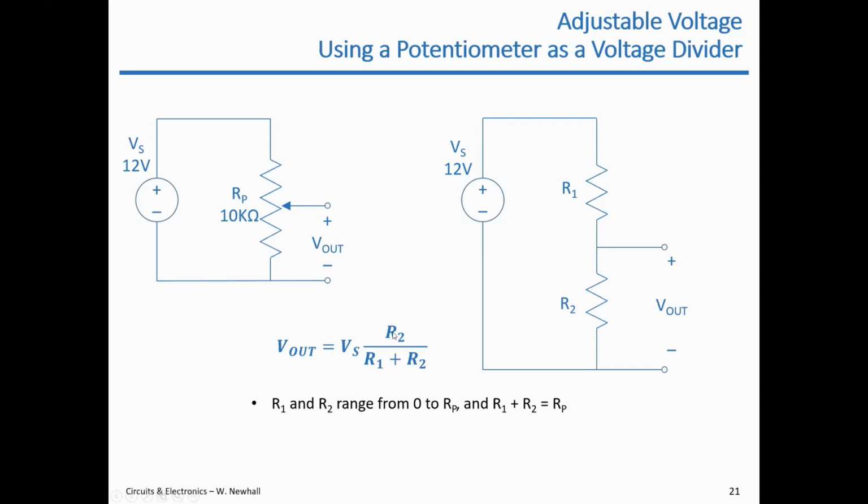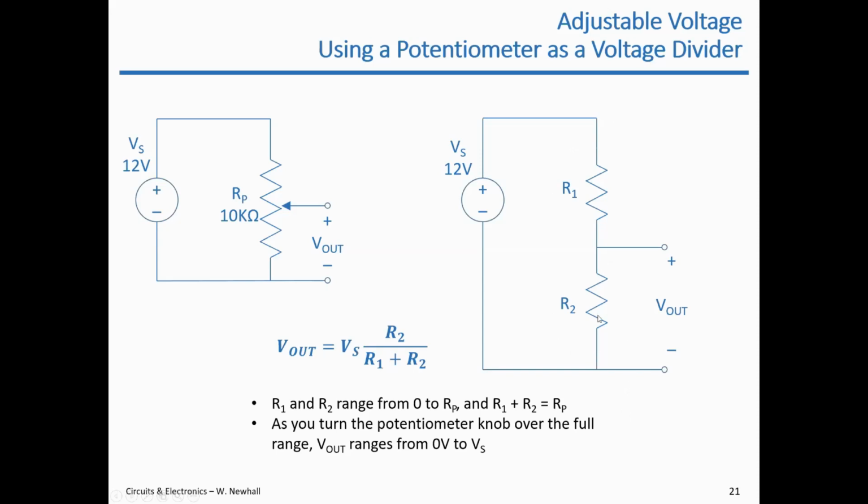R2 varies, as we saw in the prior slide, between 0 and 10K. So you get this ratio that goes from basically 0 to 1. And so as you turn the potentiometer over its full range, the output voltage will range from 0 to Vs, 12 volts. Again, this is a way to create a volume control, create an adjustable output voltage using a potentiometer, and it's a practical use of all three terminals.